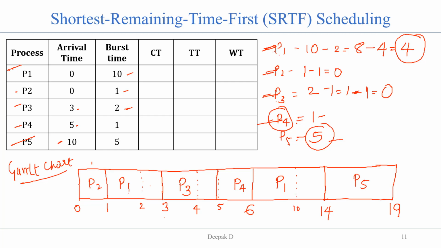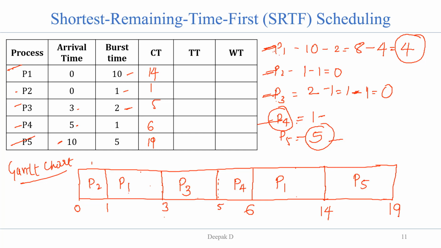And here you can erase all these things. This is just for understanding purpose. You can remove this one. This is the way we write. And what is the completion time here? With respect to P1, the completion time is 14, P2 is 1, P3 is 5, P4 is 6, and P5 is 19.